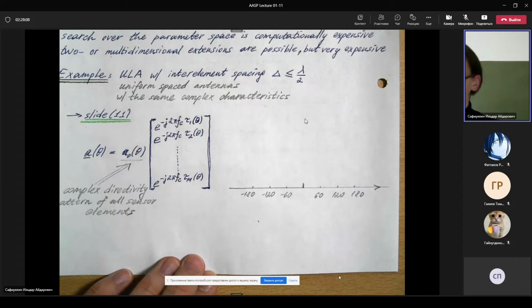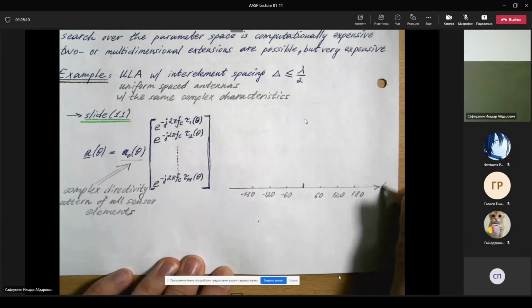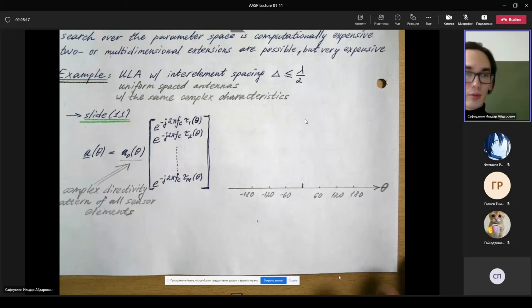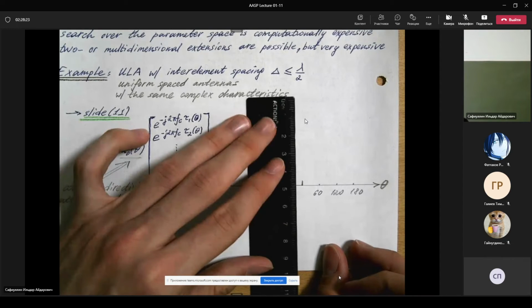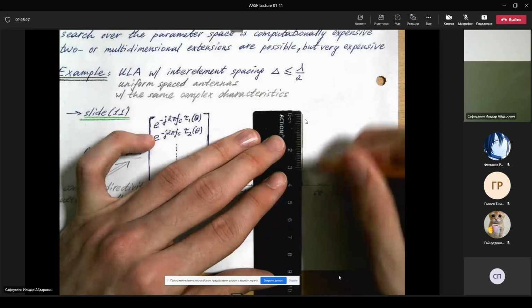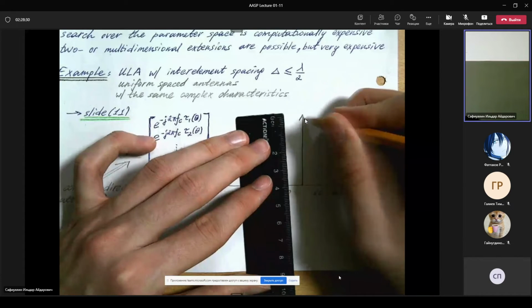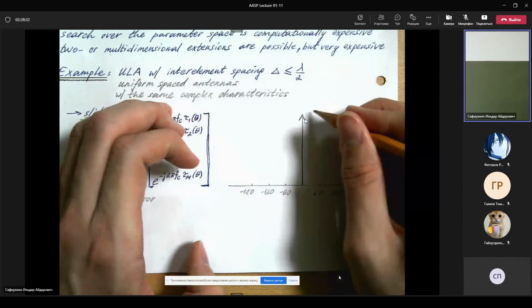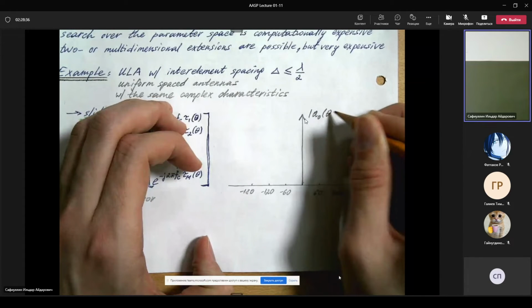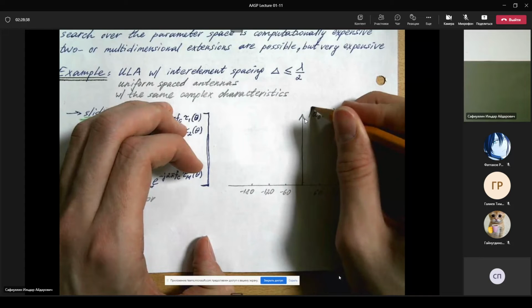So the x-axis for theta and the y-axis for the absolute value of this complex directivity pattern. So here, absolute value of A subscript 0, which depends on theta.